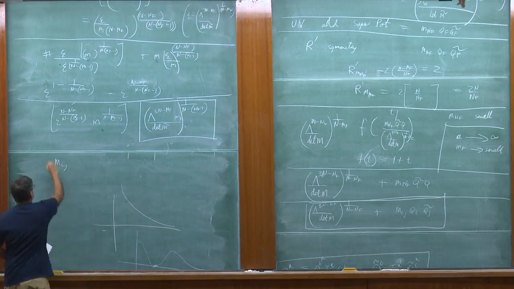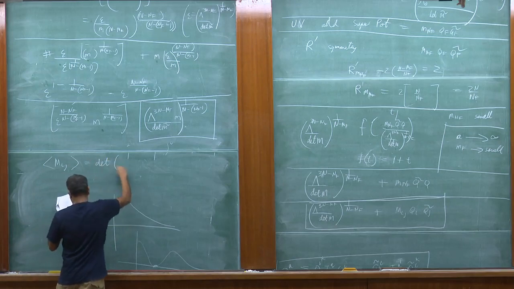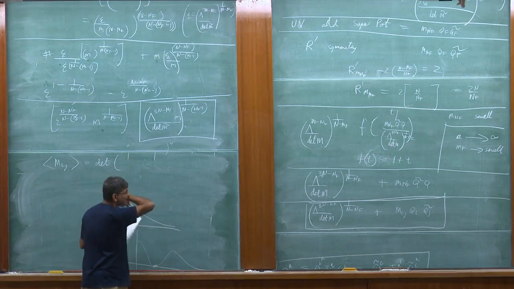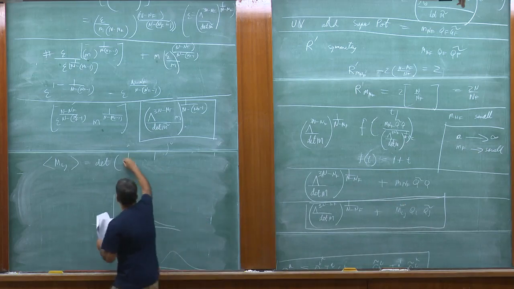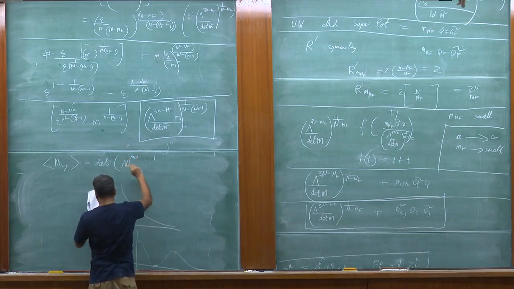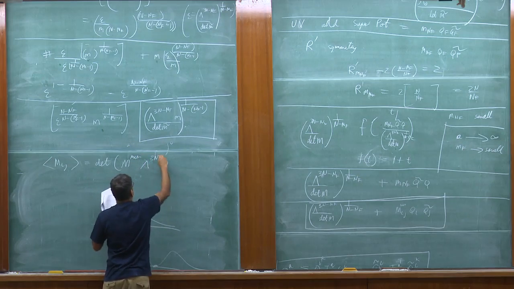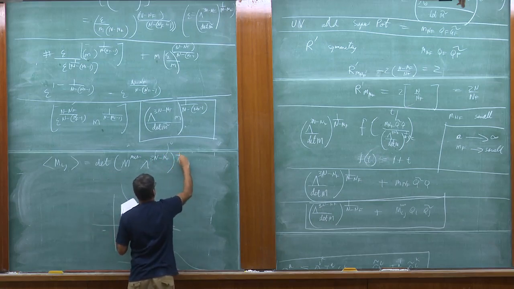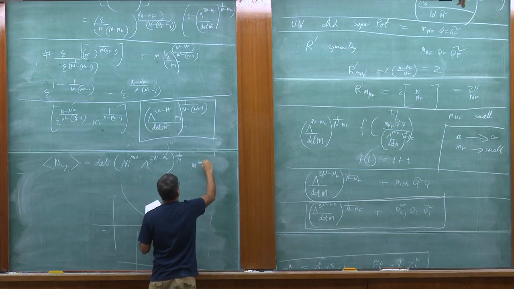The vacuum expectation value of Mij, just by varying the superpotential, is equal to the determinant of the mass matrix, let's call this M mass, multiplied by lambda to the power 3n minus nf, all to the power 1 over n, times M mass inverse ij.